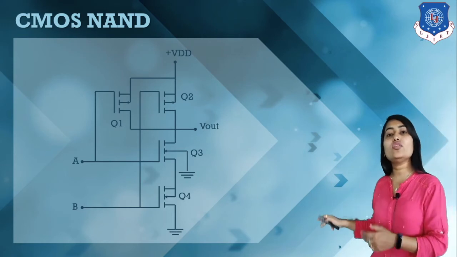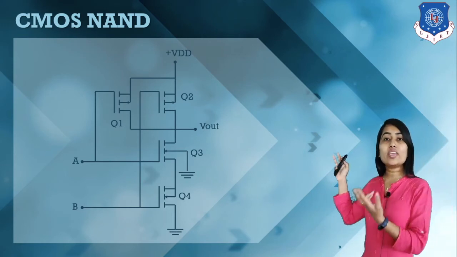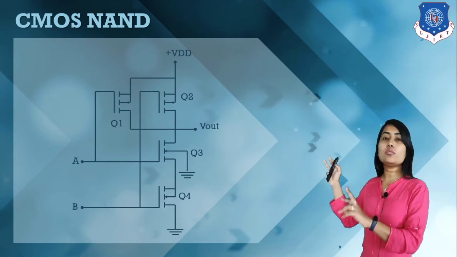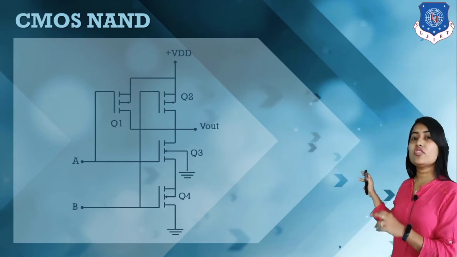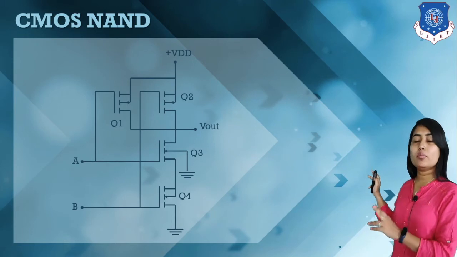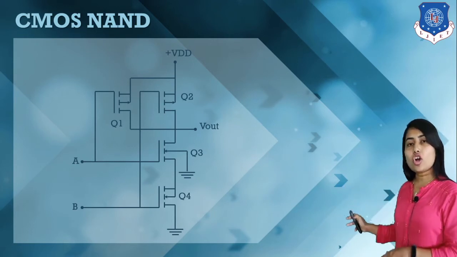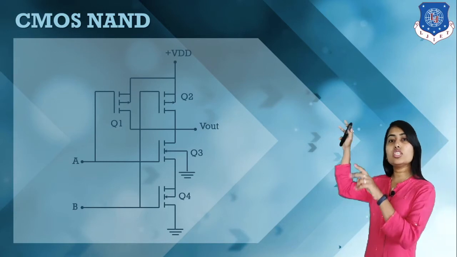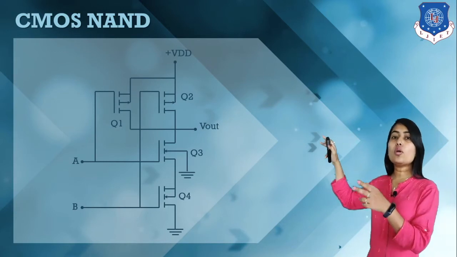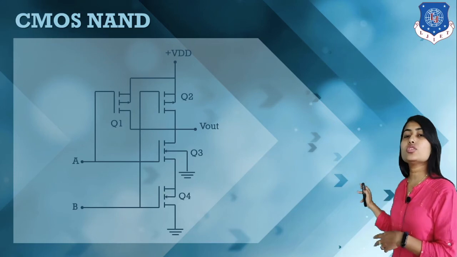So when any input is 0, we have a P channel MOSFET on, so at the output side we have a voltage, so we have a 1. But if A and B are both 1, the N channel MOSFETs are on and the P channel MOSFETs are off, so VDD cannot flow through the P channel MOSFETs, and at the output side we have a 0.